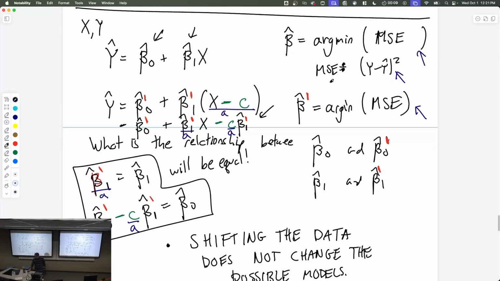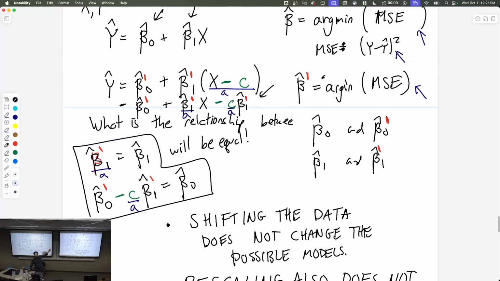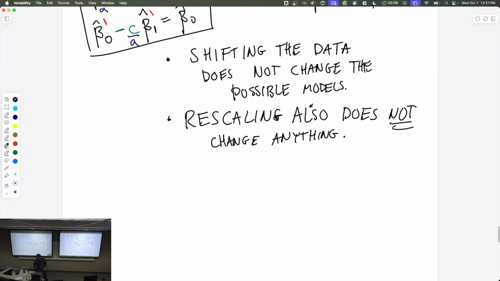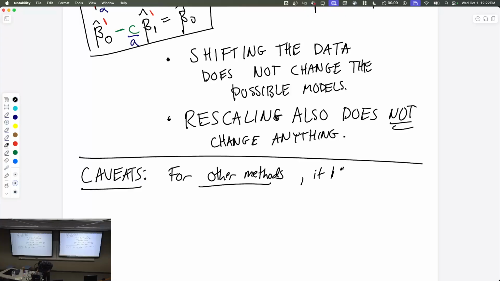Why on earth do people talk about normalizing and standardizing if it doesn't do anything? Well, it doesn't do anything for linear regression. We're going to see that in different, more complicated models, it's really important. So, caveats: for other, more complicated methods, not pure linear regression, it is important.